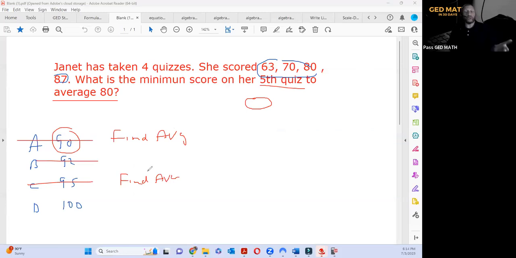It may take you a little longer, but then at least you're not confused of how to do the problem, because then you're doing it the same way you've been finding the average all this time, adding up all the values, dividing by how many there are. Got me? Yes. That's one of the most missed questions on the GED too. So you got to be prepared for that. Got to be prepared for that. That's why I was studying it.